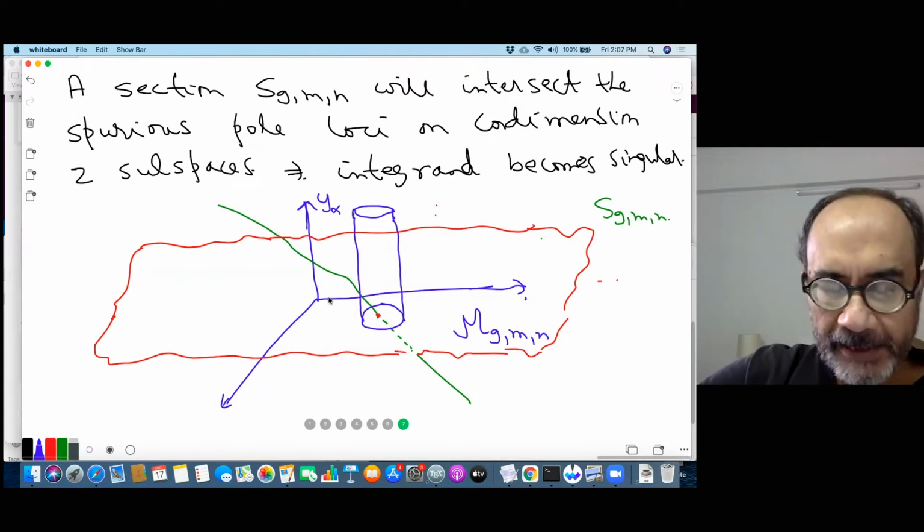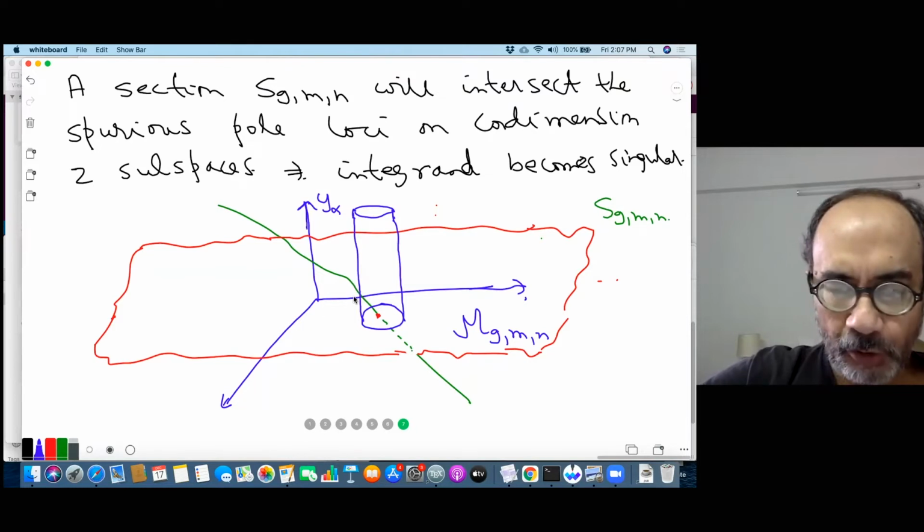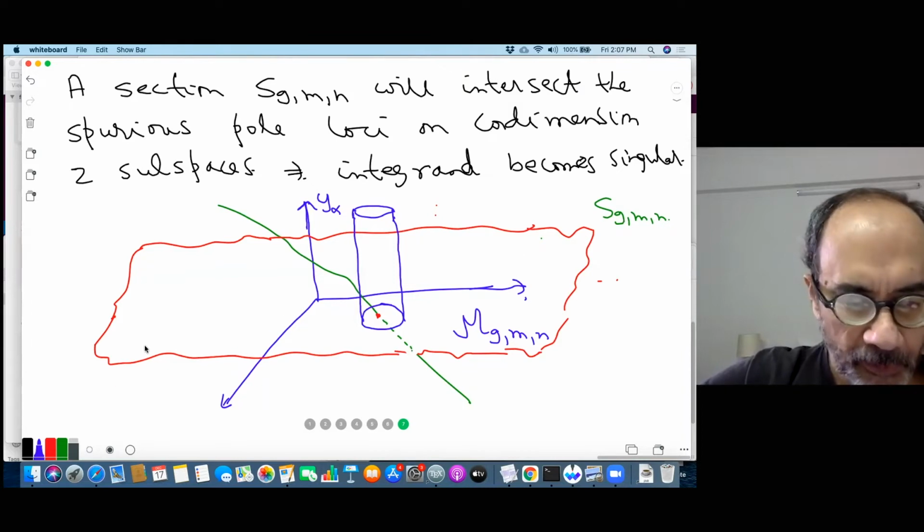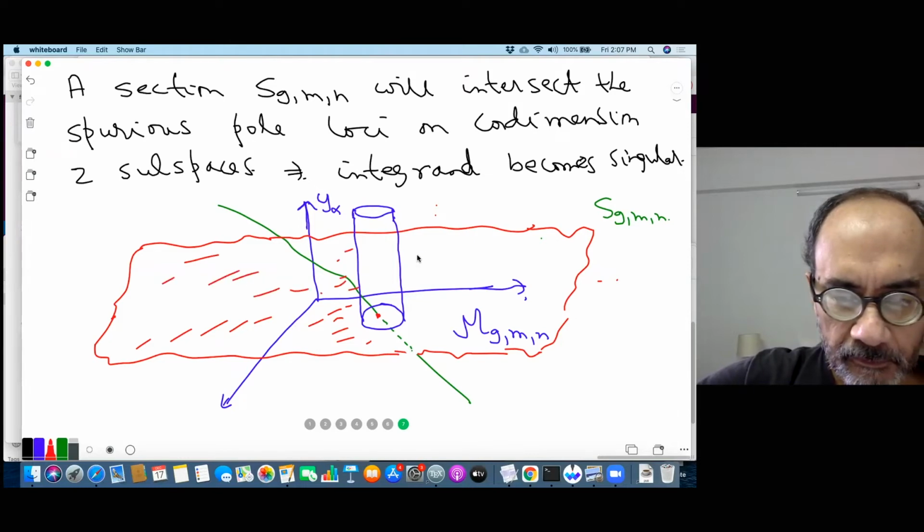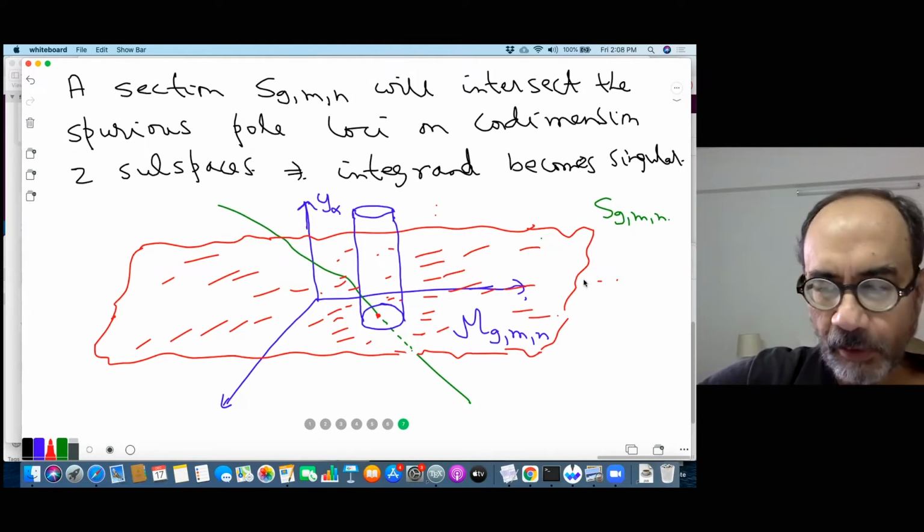Then let me say what the choice of section will be. What is the surface on which you will be integrating? First of all, we take the part of SGMN that is outside this circle. So you include everything, but not the interior. Let's call that S tilde GMN.